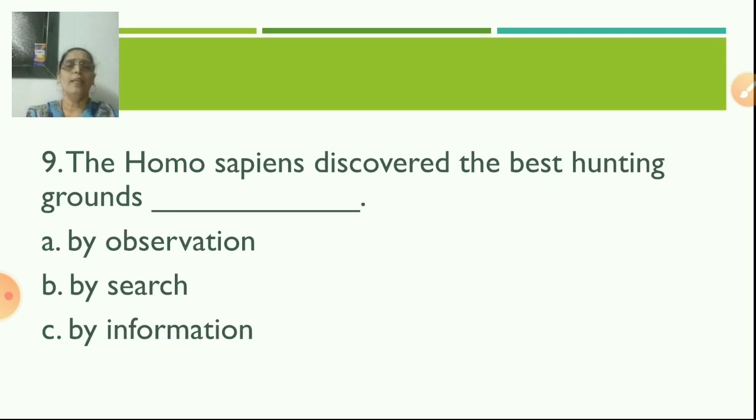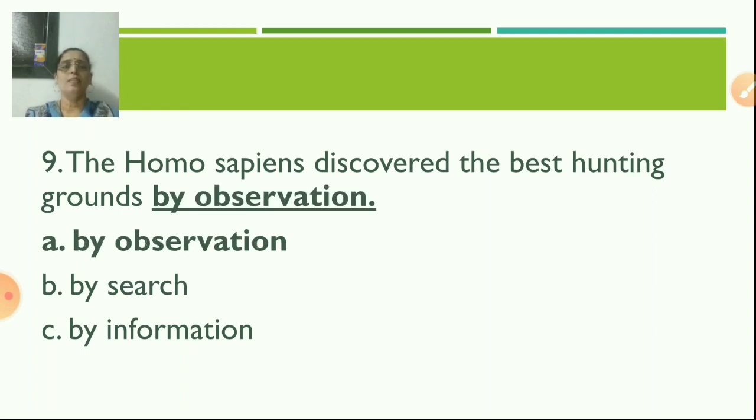Okay. Now the next. Ninth. The Homo sapiens discovered the best hunting grounds dash. Options are A. By observation, B. By search, C. By information. And your answer is A. By observation. So students, the Homo sapiens discovered the best hunting grounds by observation.